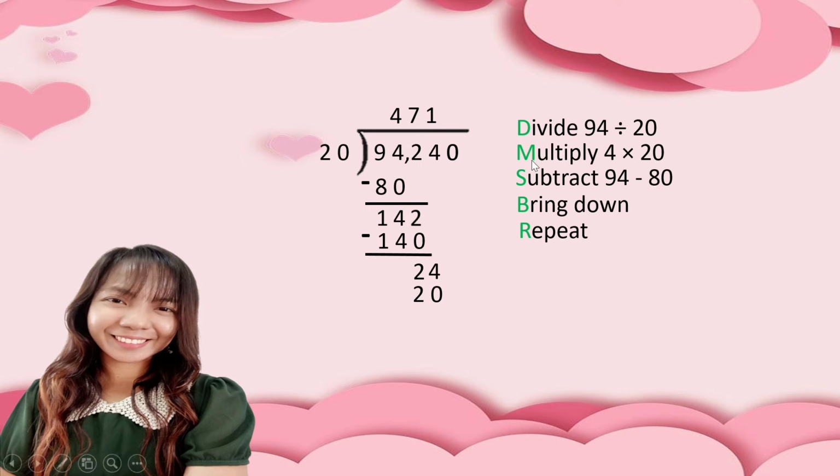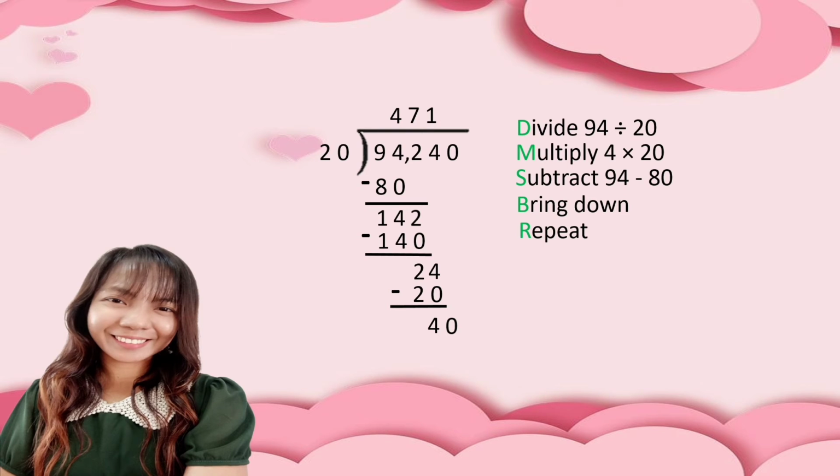And after you multiply, you subtract. So 24 minus 20. 4 minus 0, 4. 2 minus 2, of course, it's 0. So again, you don't need to write the 0. Okay, just leave it blank. And then bring down 0. Okay, now we have 40.